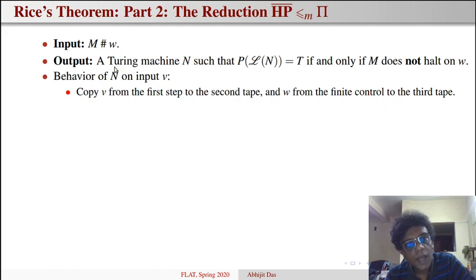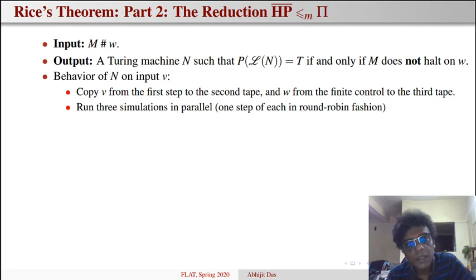This N will run 3 simulations in parallel on the 3 tapes. So what does it mean?